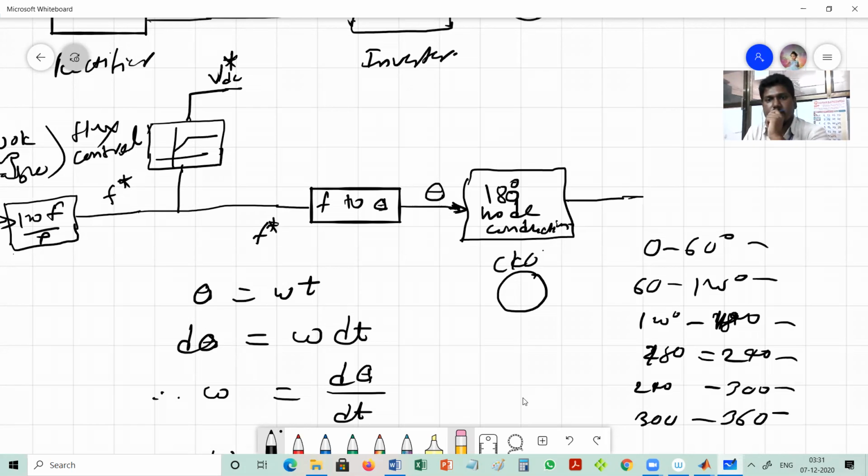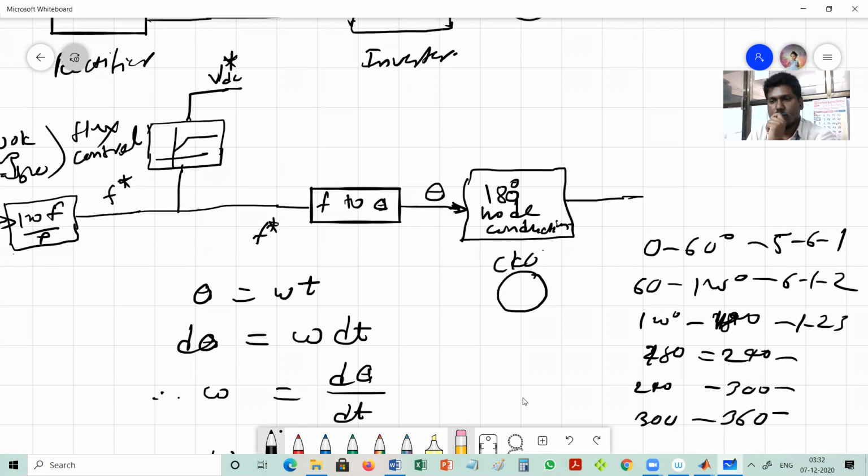If theta is between 0 to 60 degree, then which switches will be turned on? For example, for 0 to 60 degree, switches 5, 6 and 1 will be turned on. Then for 60 to 120 degrees, switches 6, 1, 2 will be turned on. After that, switches 1, 2, 3.